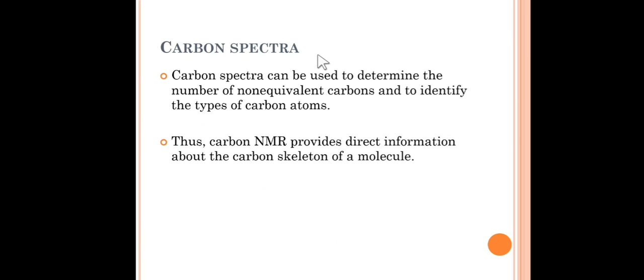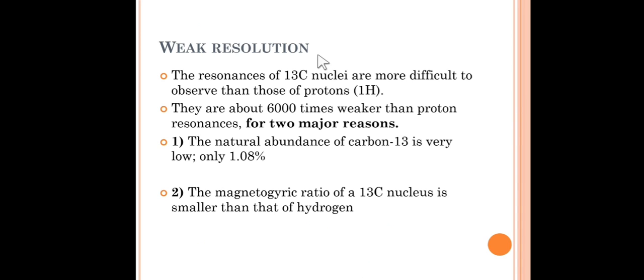Let's see how difficult the resolution of carbon 13 NMR is, because there are two reasons for weak resolution or difficulty in observing C13 nuclei resonance. First, the natural abundance of carbon 13 is very low. Why carbon 13?